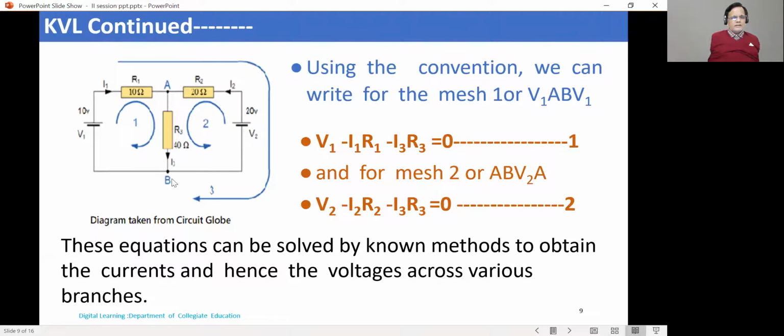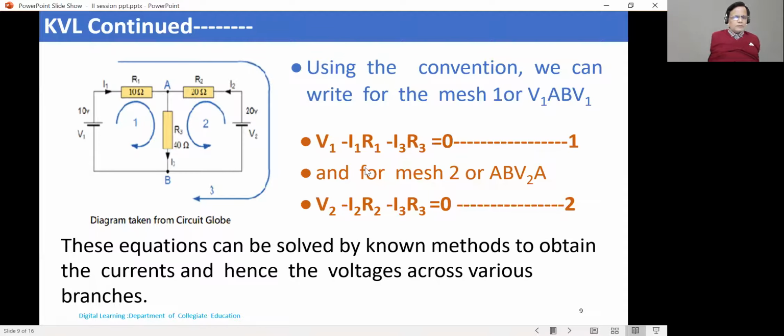Potential at A is higher than potential at B because of the assigned direction of current that we have shown. So that voltage drop is also minus I3 R3. So V2 minus I2 R2 minus I3 R3 is equal to 0 is the mesh equation for the second mesh.